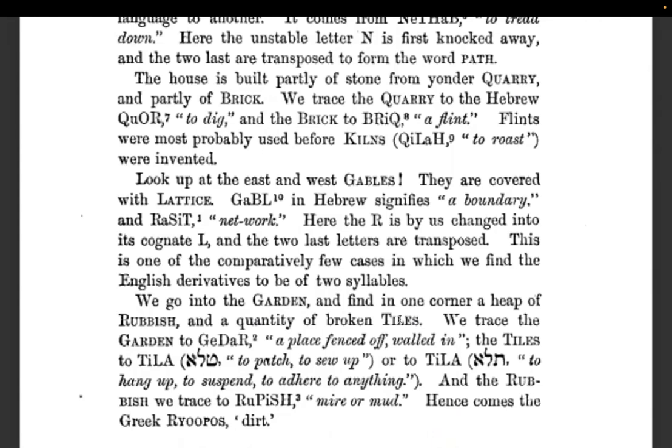Look up at the east and west gables. They are covered with lattice. Gable in Hebrew signifies a boundary, and rasit, a network. Rasit, the R becoming the L, lattice.